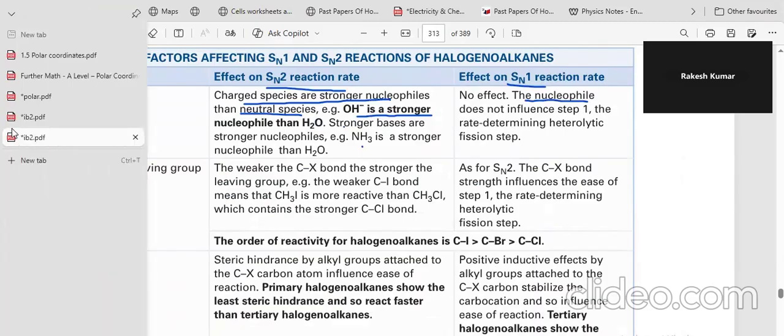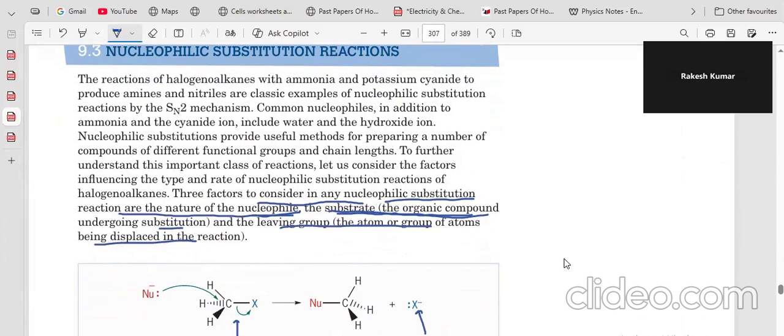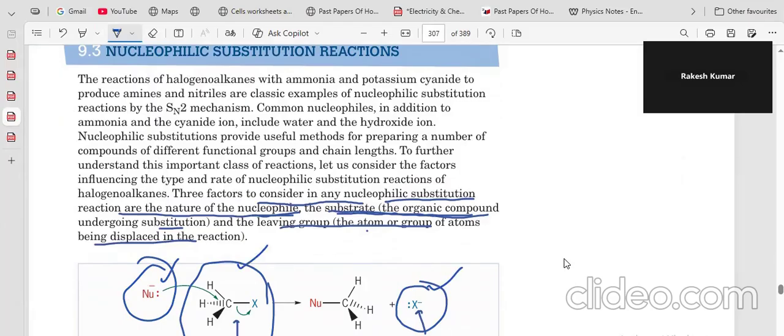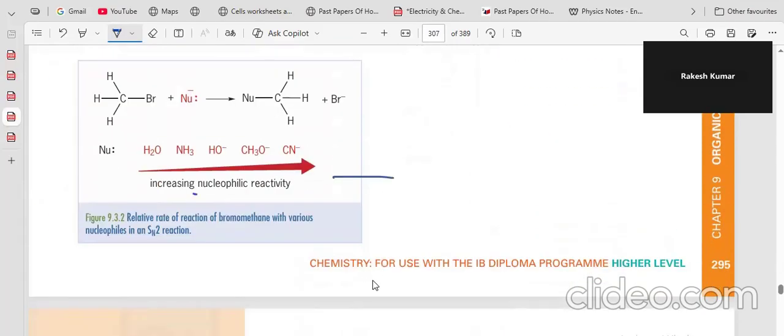You should know that the factors to consider in any nucleophilic substitution are the nature of the nucleophile, the substrate, I mean, the haloalkane molecule which undergoes the substitution, and the leaving group. So all these three are relevant: the nucleophile, the nature of the substrate, and the leaving group.